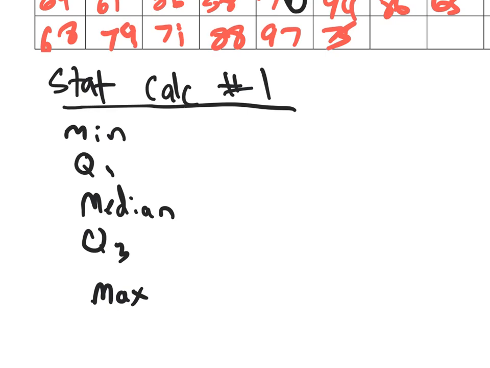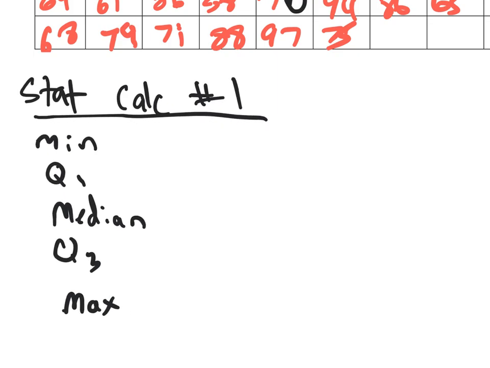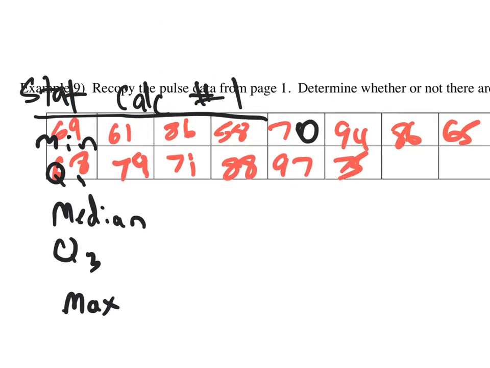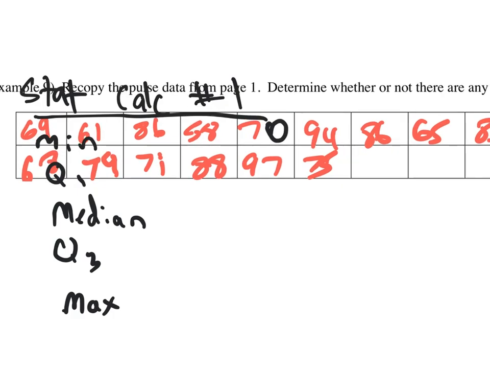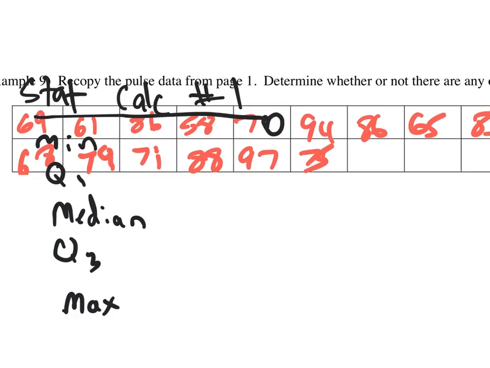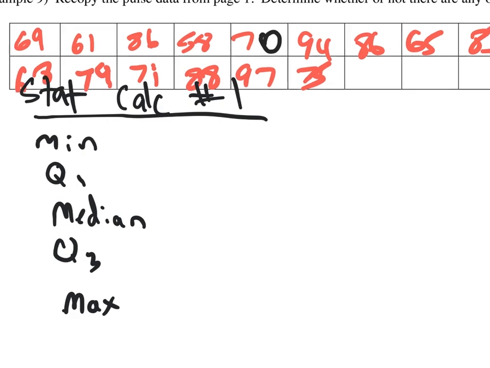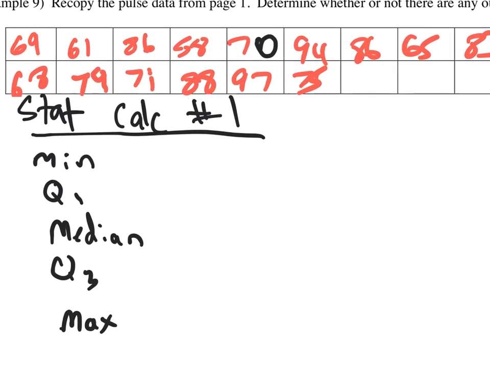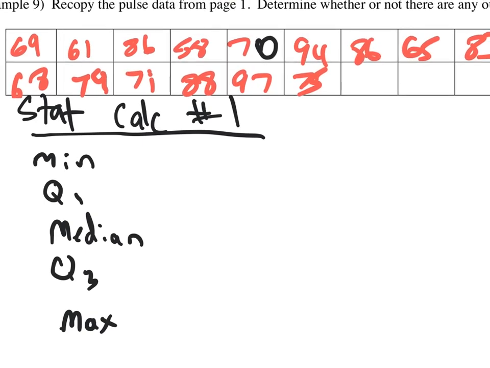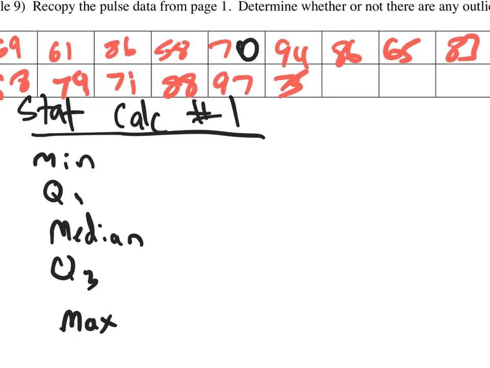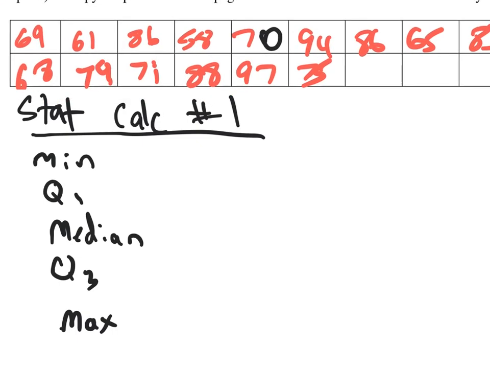So by hand, if I truly wanted to look at my data here, help me put these data in order, and you may have done that already for a histogram. So what was the smallest of that data? 58.